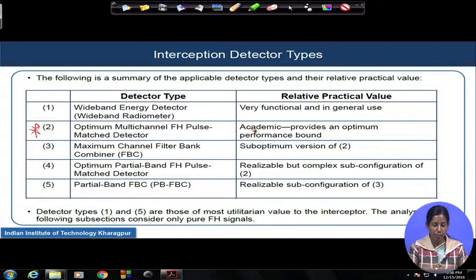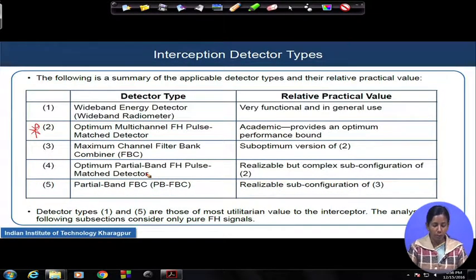Next comes the maximum channel filter bank combiners, the FBC. They are the suboptimal version of these pulse matched detectors. Then comes the partial band FBC, the PBFBC, which is the fifth one, and which is actually a sub-configuration of number 3, the FBC type. There is another kind of detector which comes in between the FBC and the PBFBC.